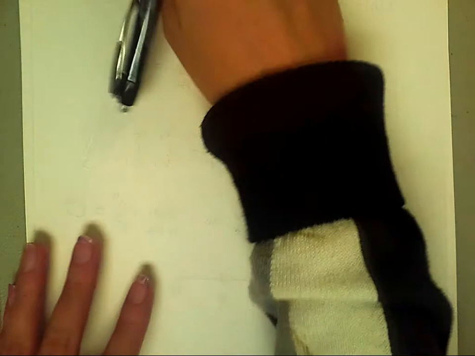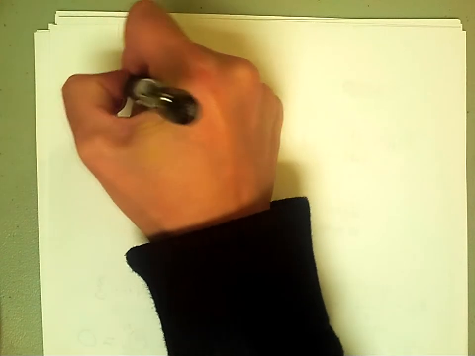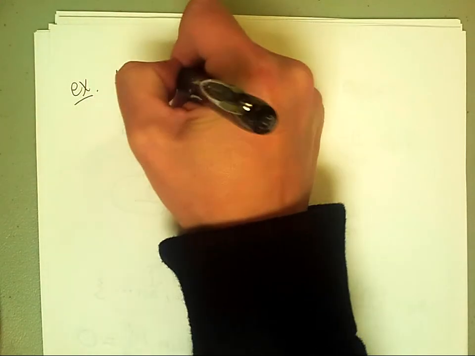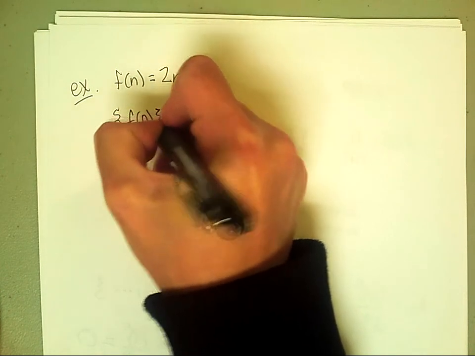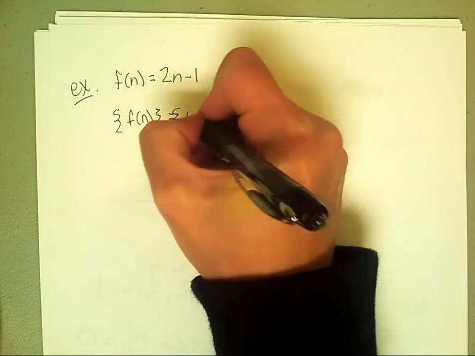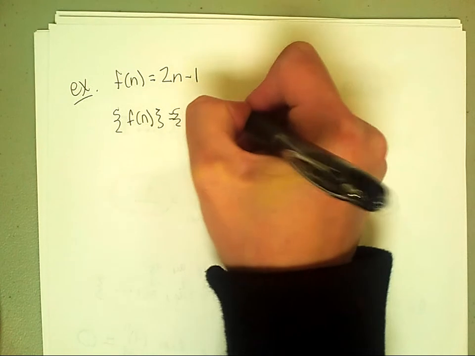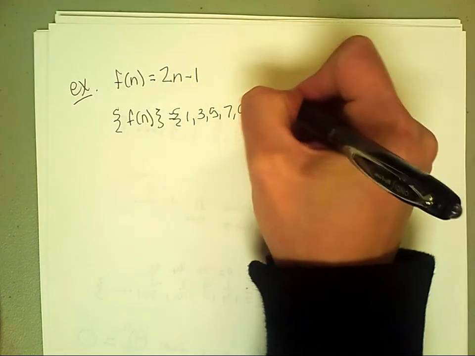All right, let's see. We have another one here. Let's do this one. We also looked at f of n equal to 2n minus 1. Remember, this is the sequence that generated the odd numbers, 1, 3, 5, 7, 9.